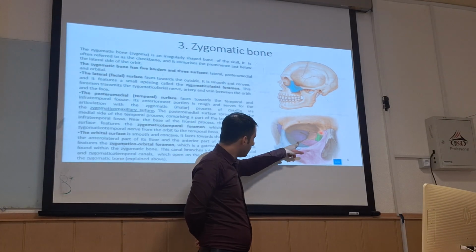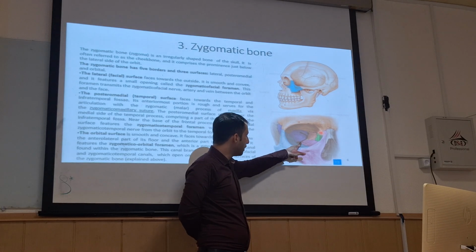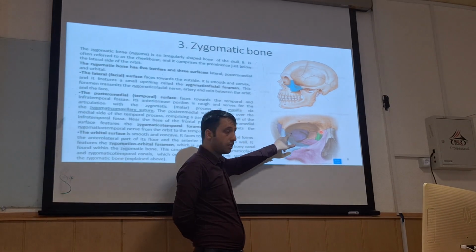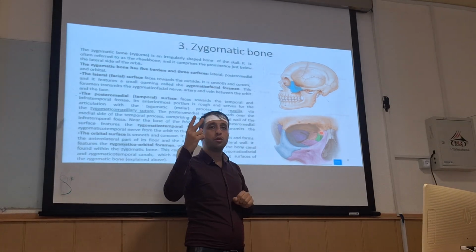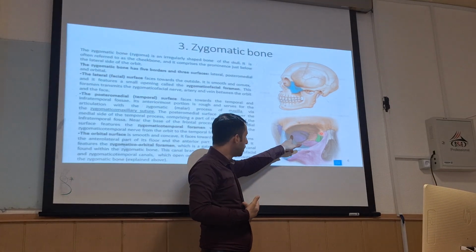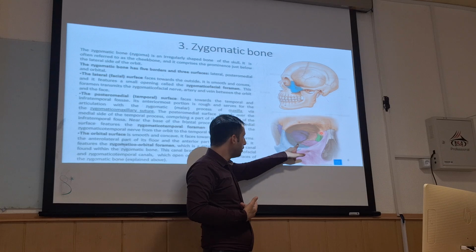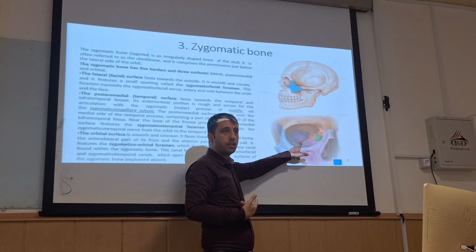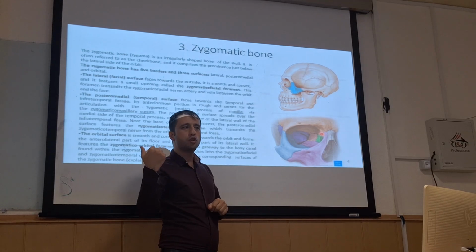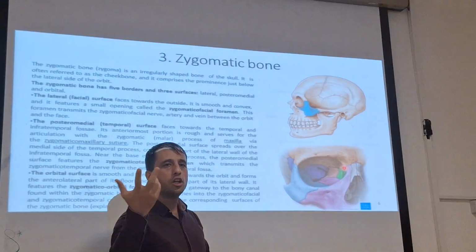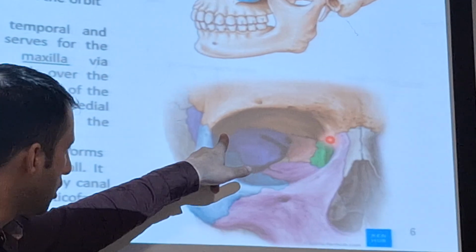As you can see, the posterior border of the body has two parts, an articulation part and a non-articular part. The articulation part makes a joint. Which joint? A suture joint.